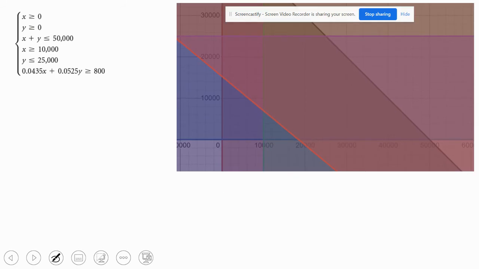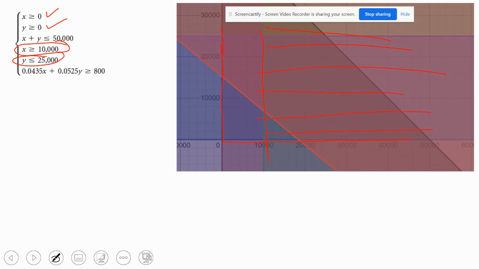Okay, so when we look at this, let's outline our answer here, and it'll do that in a second. But here, where we know x and y have to be bigger than 0. And we also know these two, x has to be greater than 10,000. So that's this line. So everything to the right of that is where my solution is.